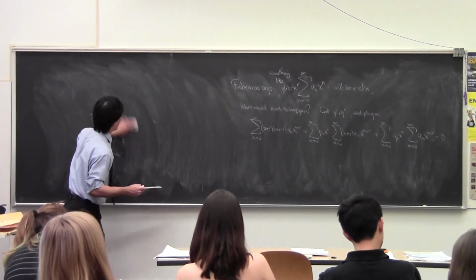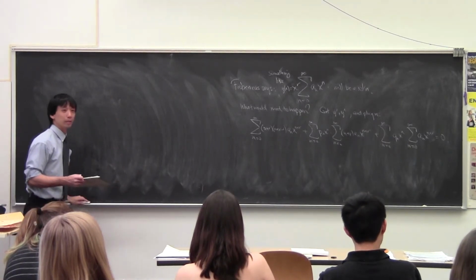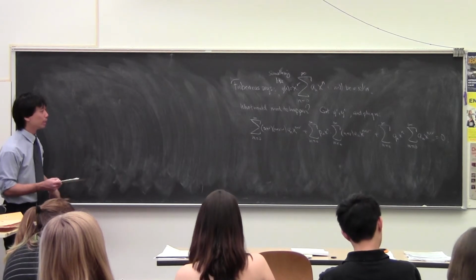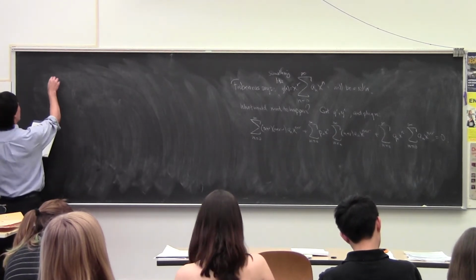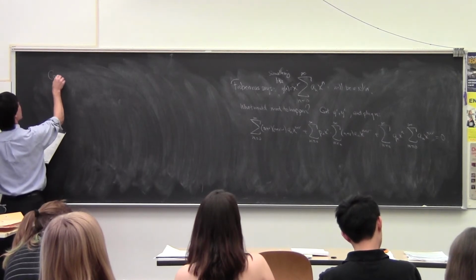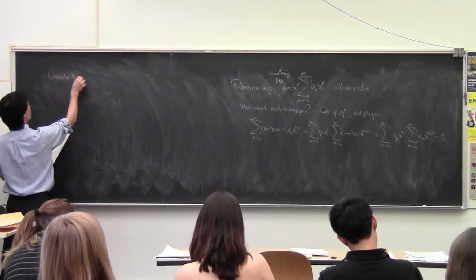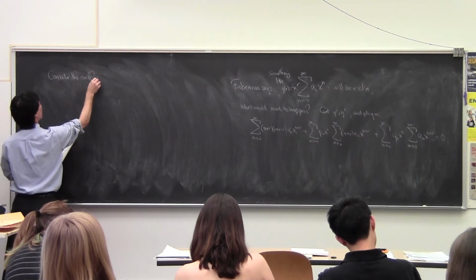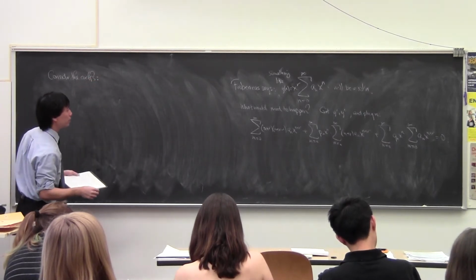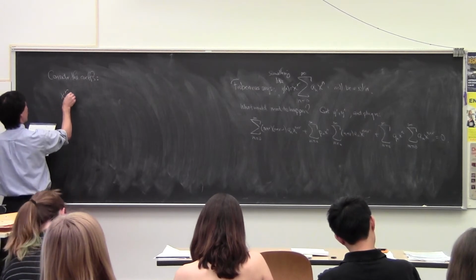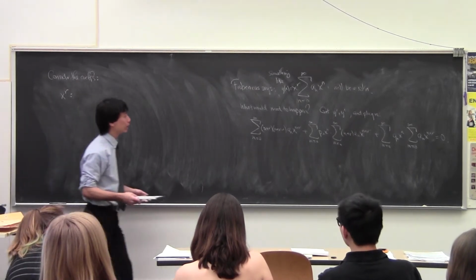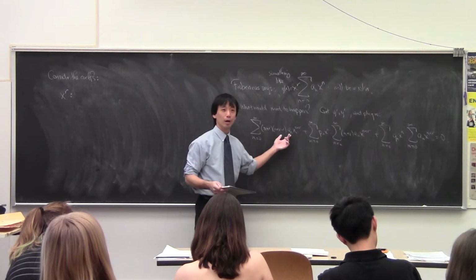Okay, and then you basically combine terms together, and you look at the coefficients of each power. So let's consider the coefficients. For example, the coefficient of x to the r. The lowest term is x to the r.